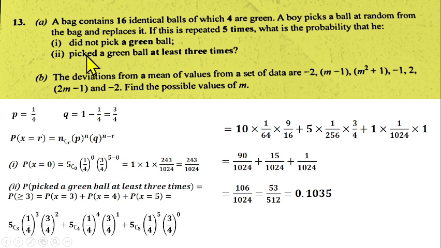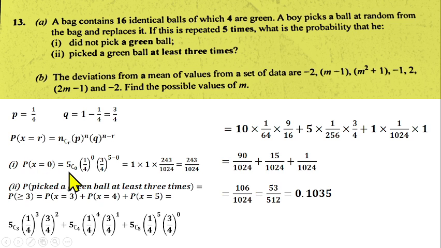So for the first part, did not pick a green ball, the number of green balls picked is 0. So x is equal to 0. So P of x equals 0 will give us, n is how many times they repeated it, that means 5 times, combination r, which is our x here, because x is equal to r.